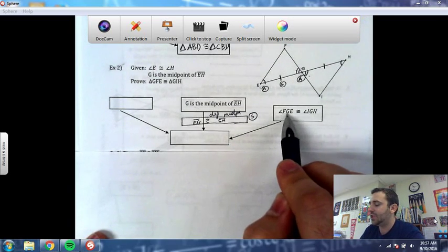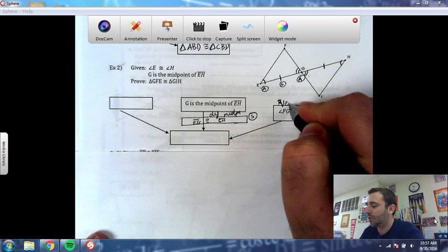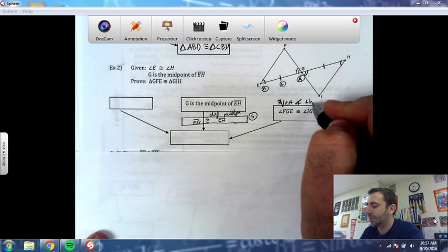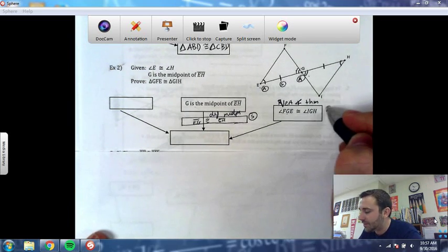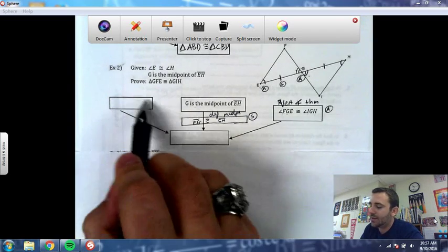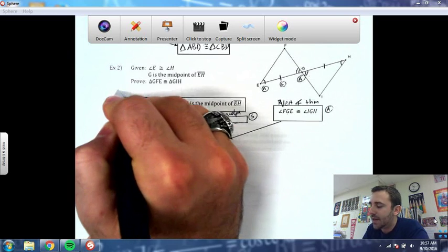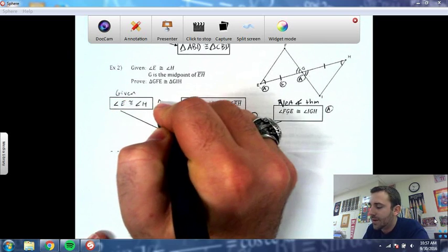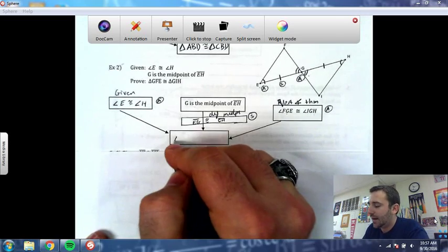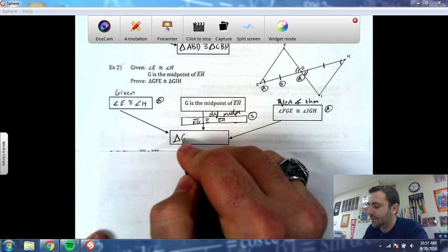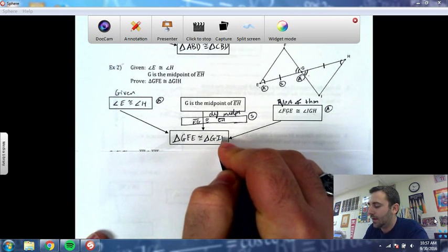Angle FGE is congruent to angle IGH. Well, that is the vertical angle theorem, which tells us that all vertical angles are congruent. There's an angle. And then this missing box would be my other given. Angle E is congruent to angle H. And there's my other angle. And so by angle, side, angle, I have triangles congruent. And I'm done with my proof.